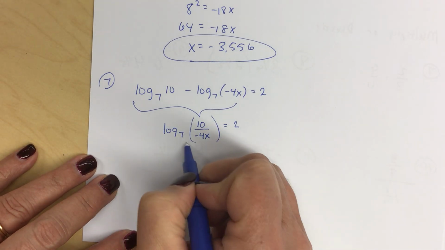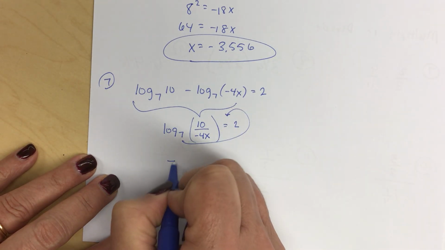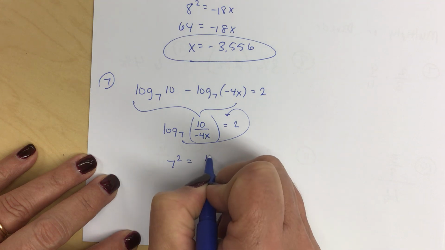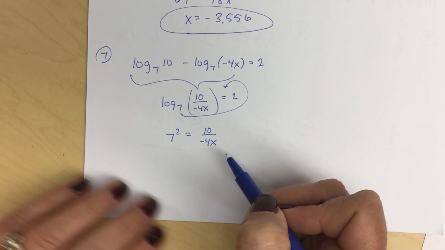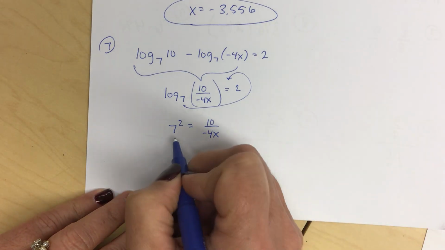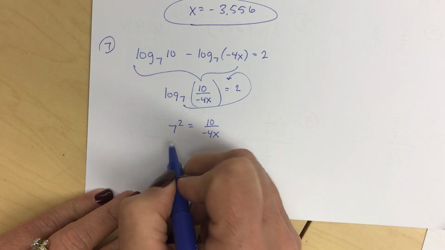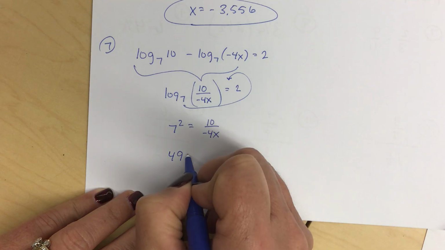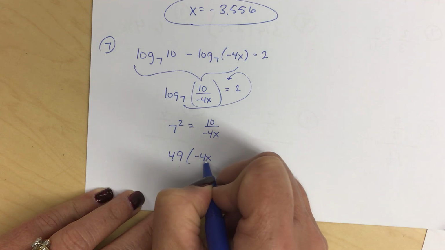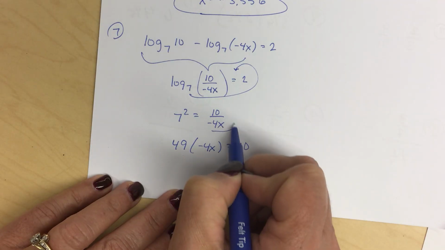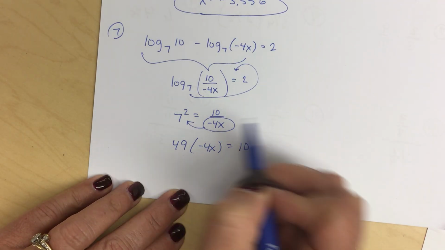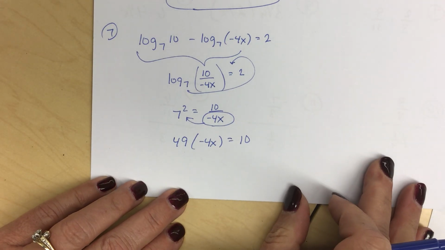Now I have 1 logarithm, so I can swirl it. 7 squared is equal to 10 over negative 4x. Now you could reduce this 10 and negative 4 if you wanted to, but it doesn't really matter. So 7 squared is 49, and I'm going to multiply both sides by negative 4x. I just like to think of taking this thing in the denominator and moving it over to the other side by making it multiply.